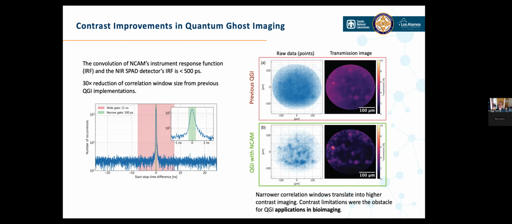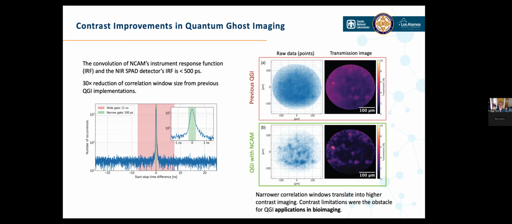If you look at the previous ghost imaging attempts, you have a lot of photons, but there's a lack of contrast there. But with ghost imaging with our particular detectors, we can trim that down to get to contrast levels much lower than were previously possible with quantum ghost imaging.